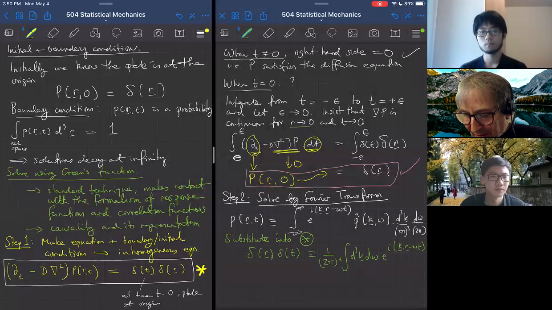So now when I plug this into equation star, the derivatives bring down factors of k and omega.